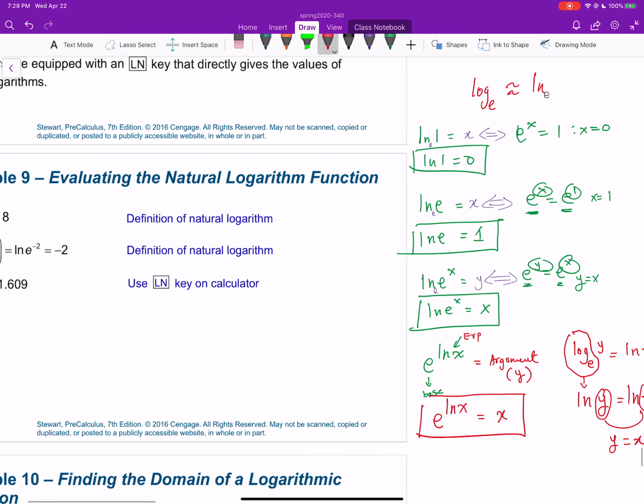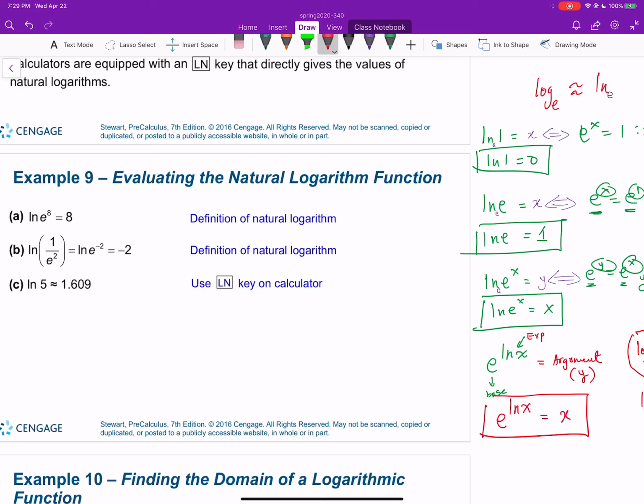So if you look at the examples that they provided from the textbook, we're saying that ln e to the 8 looks like which rule? That looks like this rule right here. So if I take that rule over there, the answer should be 8, because it's ln e to the x and the outcome should be x. In this case, our x is 8.